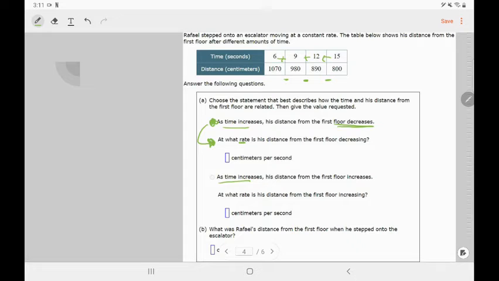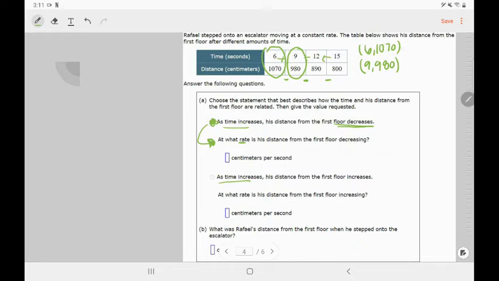So if I'm finding slope, remember that an input and output gives me an ordered pair. So 6, 1070, and 9, 980 are two of my ordered pairs. And I choose these two just by random choice.